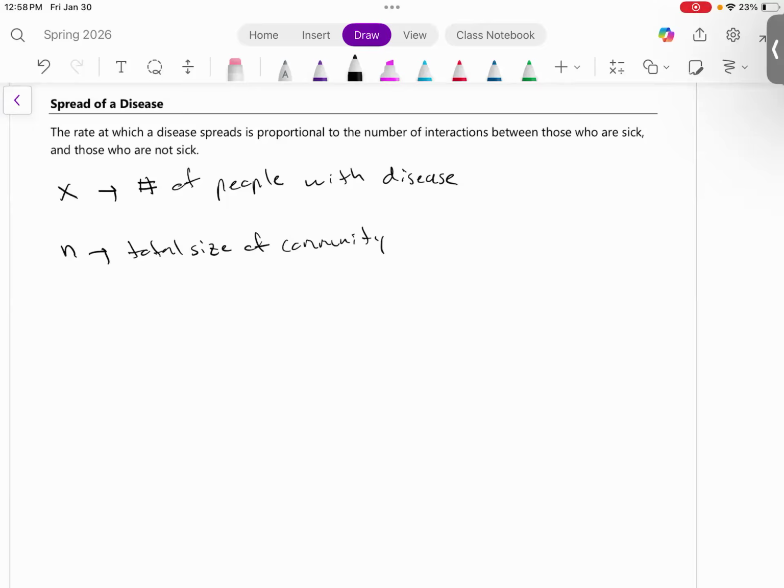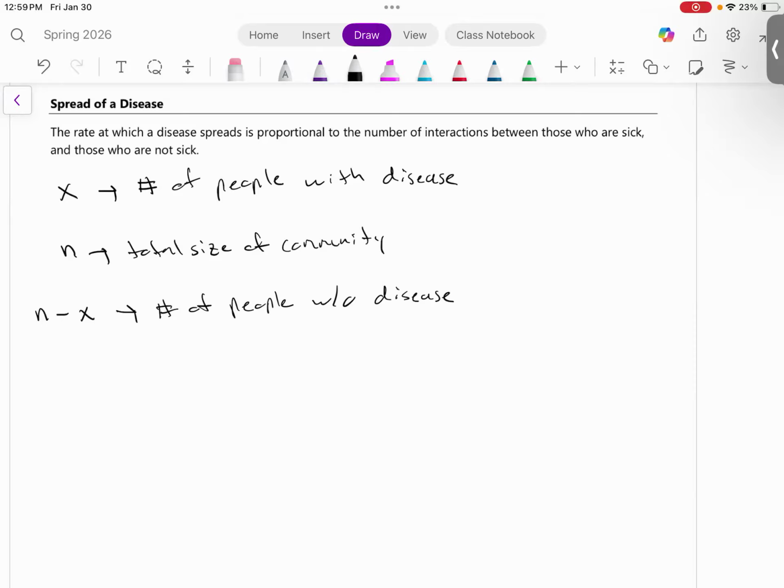We also need to account for the number of people who don't have the disease. So N minus x represents the number of people without disease.